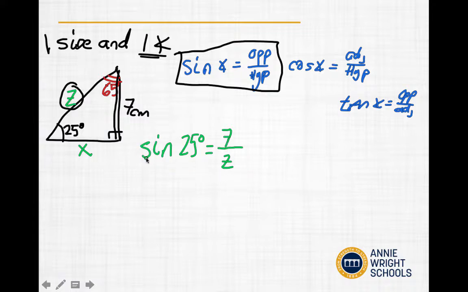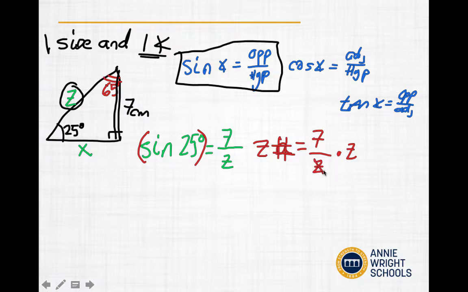Now, the sine of 25 degrees is a number that we would get from a calculator. So what I have is a number equals 7 over a variable. Right? And let's just think, instead of a, you can even just think some number. Now if you had to solve this, all you would want to do is multiply both sides by z.